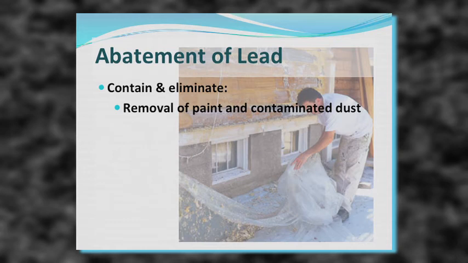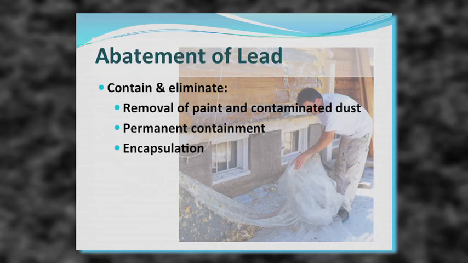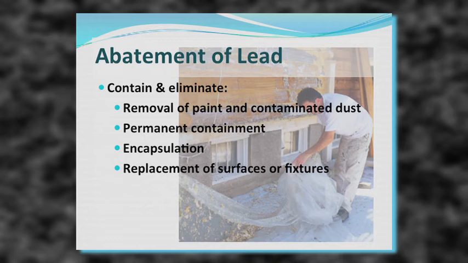We need to make sure that we contain the contamination, encapsulate it, and then replace any surfaces or fixtures. Okay? So we remove the paint, we contain the dust, then we have to repaint over whatever's left, right? We have to resurface it. One of those things. We either got to get rid of it or we got to encapsulate it.